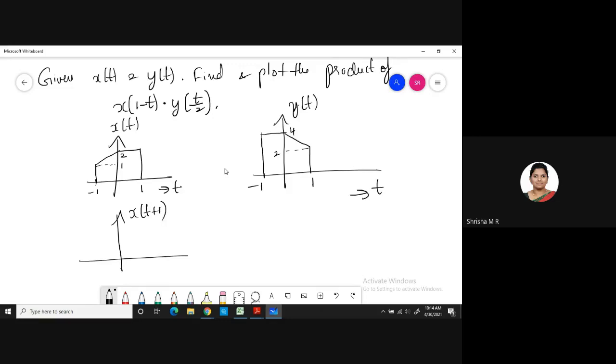We'll take the mirror image of that, or time reversal, reflection, so that we'll get 1 minus t. So that would be x of t plus 1. What happens to x of t?